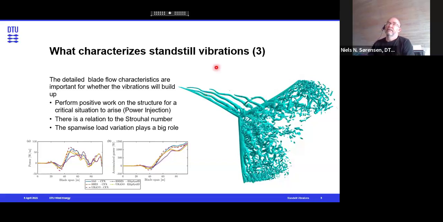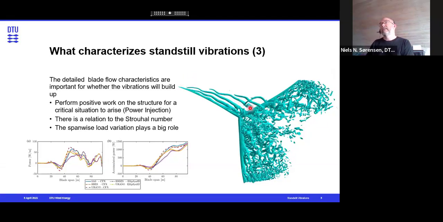And in the end, the thing that really controls whether this is going to happen or not is the detailed blade flow characteristics. So whether the situation will develop into a critical vibration situation depends very much on the detailed flow around the blades.